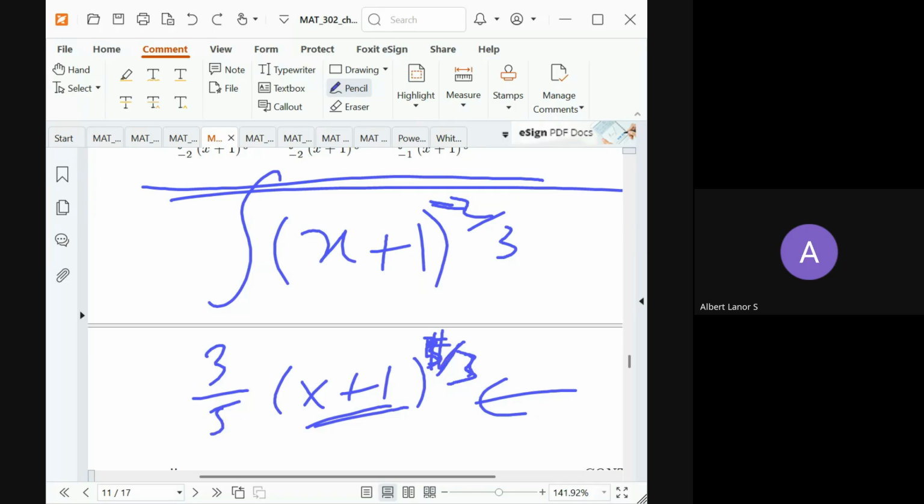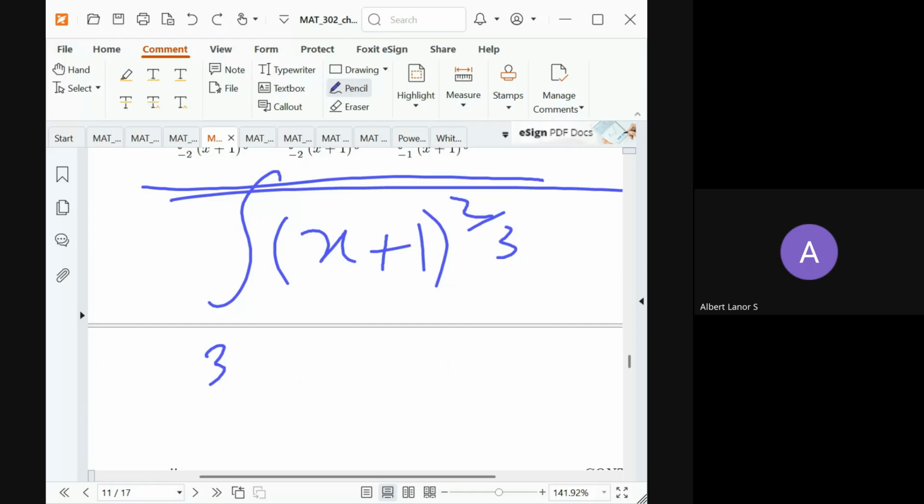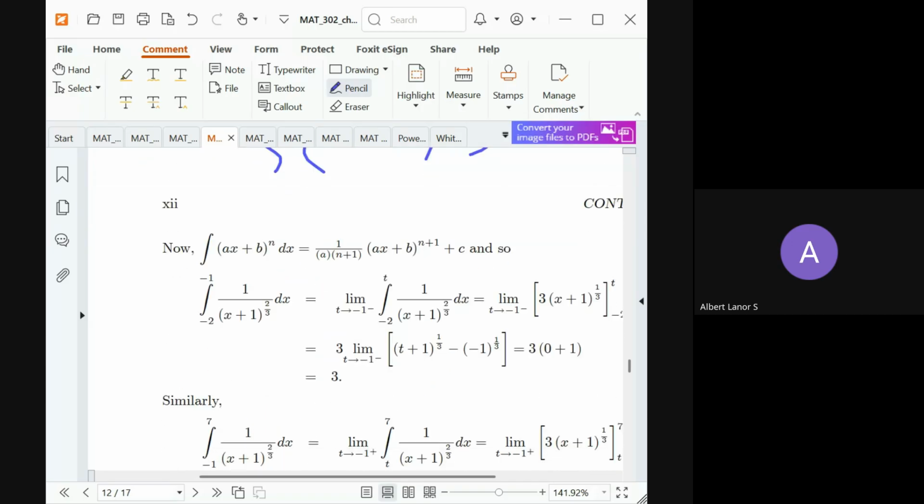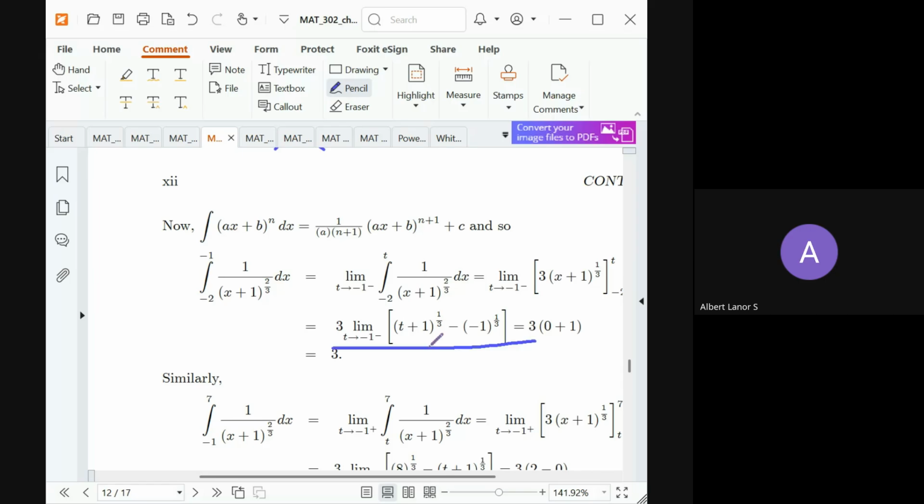Okay, so you add 1 to the negative power, you have 1 over 3. Everything there, then 3 times that one. Okay, so that's a 3. Then you find the limit of that 3 (x plus 1) to the power 1 over 3 as t goes to minus 1. All this, and then you keep progressing.